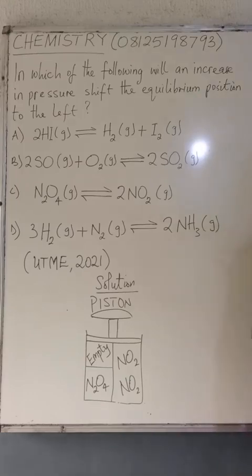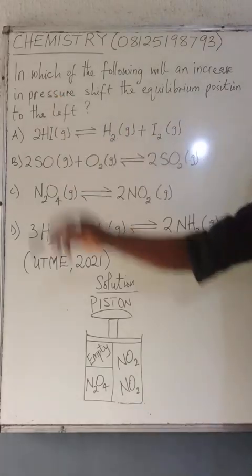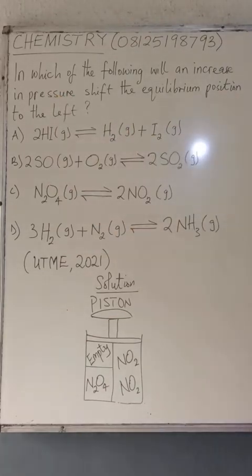Do not forget that pressure, as a factor which affects the rate of a chemical reaction, affects only species in gaseous form. So whenever you have a chemical equation which does not contain any species in gaseous form, pressure will not affect the rate of that reaction.